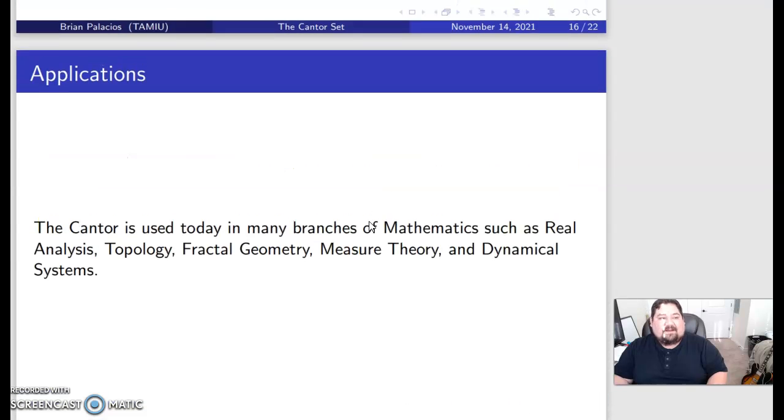And so one might ask, what are the applications of this? The Cantor set is used in many branches of mathematics, such as real analysis, topology, fractal geometry, measure theory, and dynamical systems. If you've ever seen the Avengers, you've seen where Tony Stark is working on the Mobius strip, whenever they were trying to go back in time.